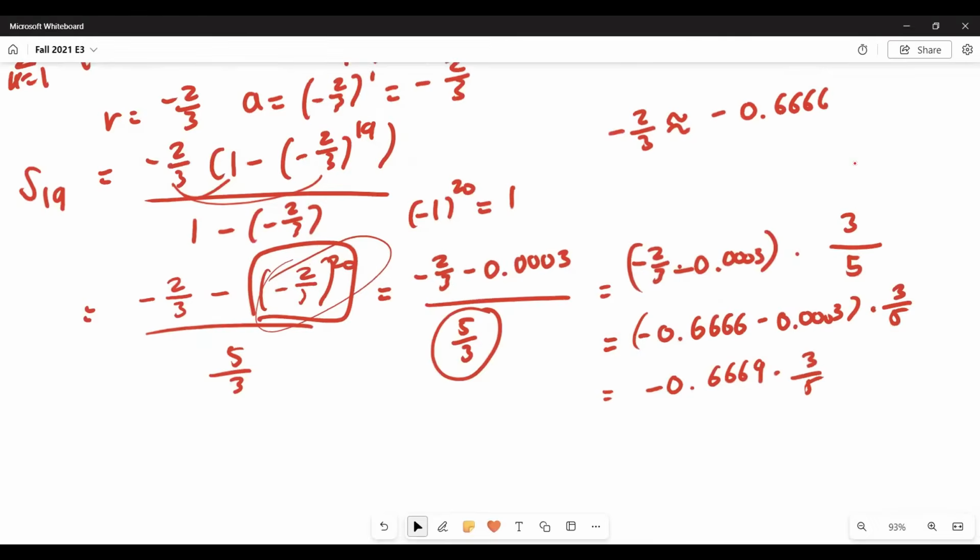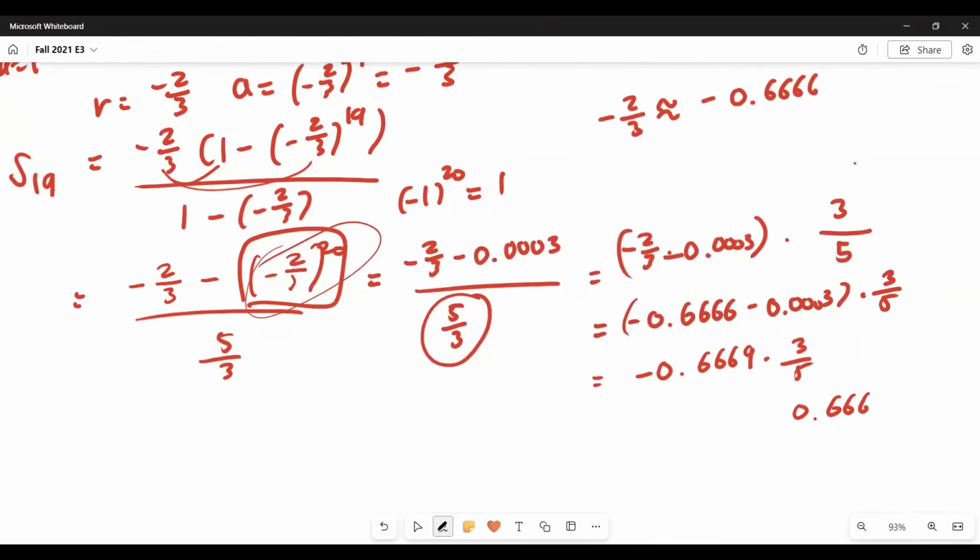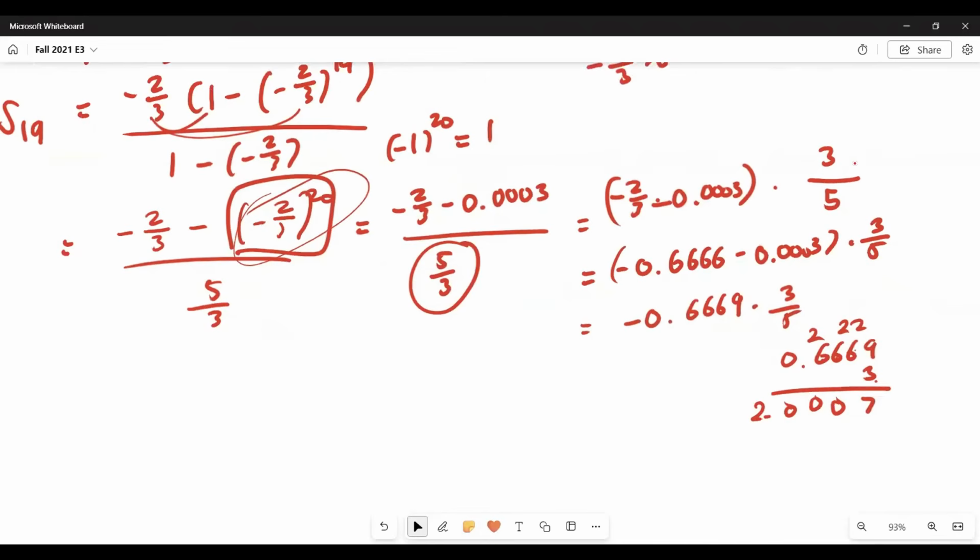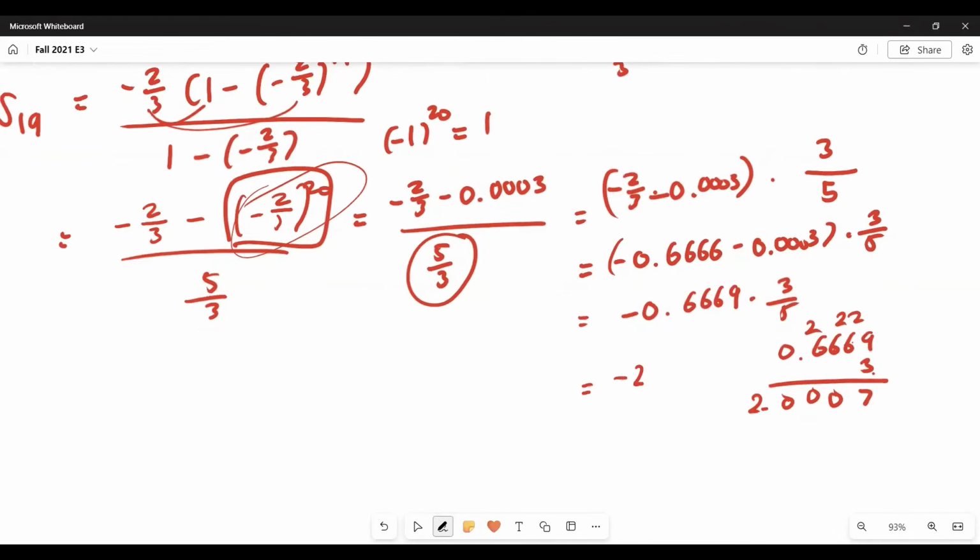So this is going to be 0.6669 times 3, which is about negative 2.0007, divided by 5.